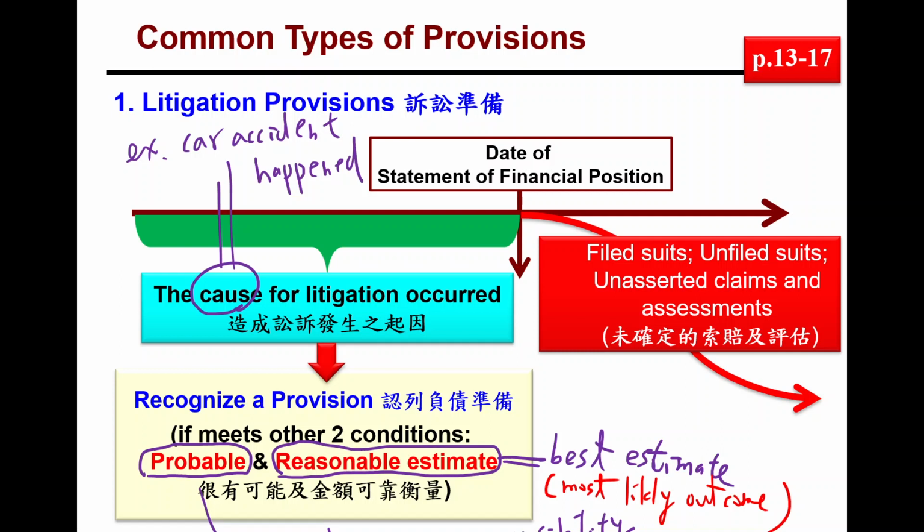So you should understand when we recognize and record our liabilities: when something happened already, you should record it.